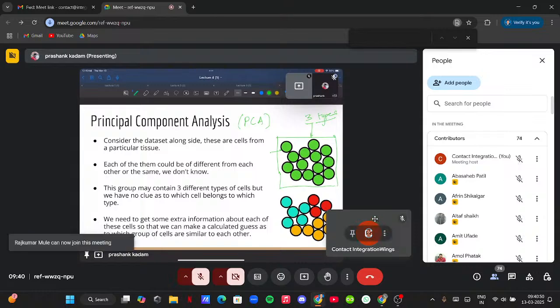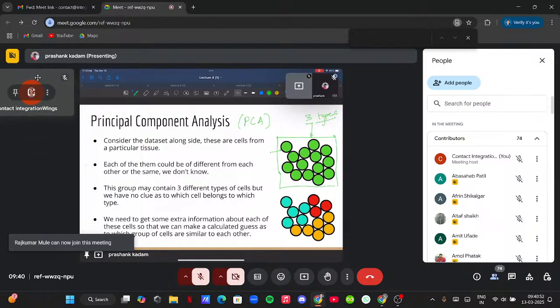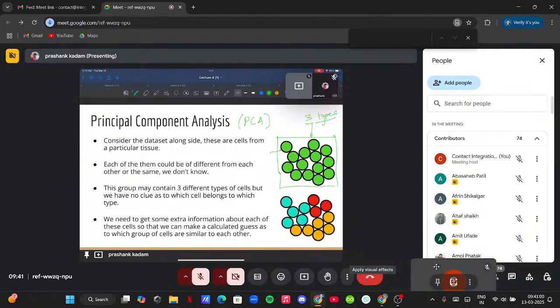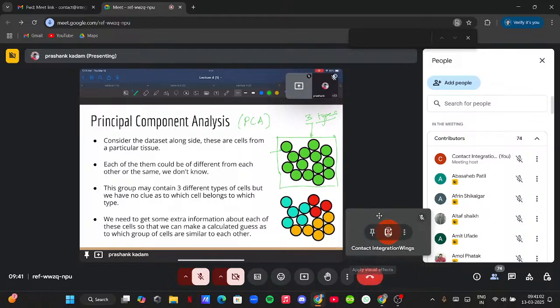So we try to extract some information out of the cell so that we are able to predict which cells are similar to each other and which are not. The similar ones, we can group them together, right?